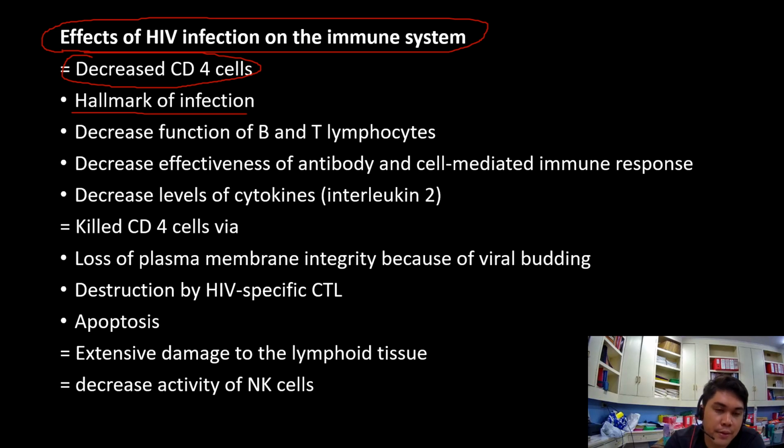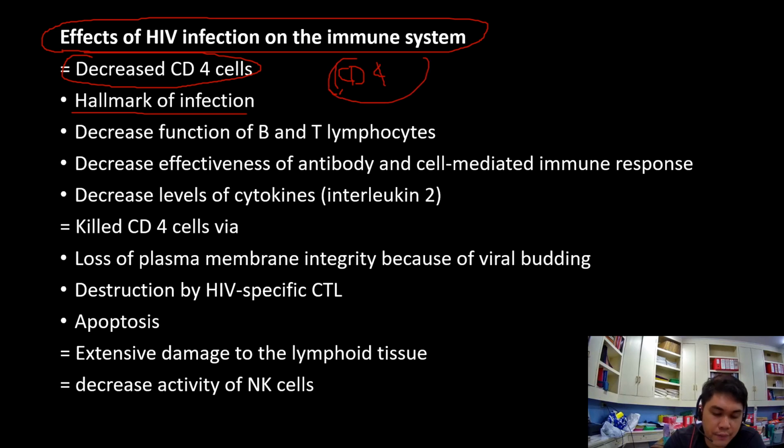So decreased helper, increased suppressor. The reason why there's a decrease in CD4 cells is because CD4 cells are the target cells of HIV, because CD4 is the receptor of HIV. So you have decreased CD4.